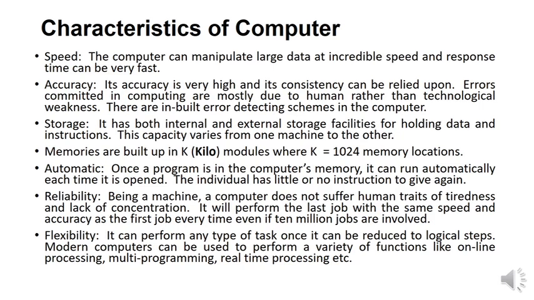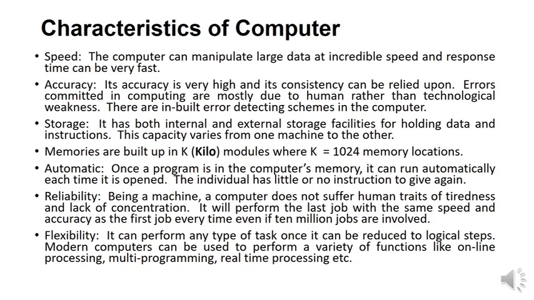When we say speed, the computer can manipulate large data at incredible speed and response time, meaning that a computer should be able to process data within a short period of time, and those data, no matter how large they are, it must be able to turn into information within a short period of time. So that is why a computer must be fast.